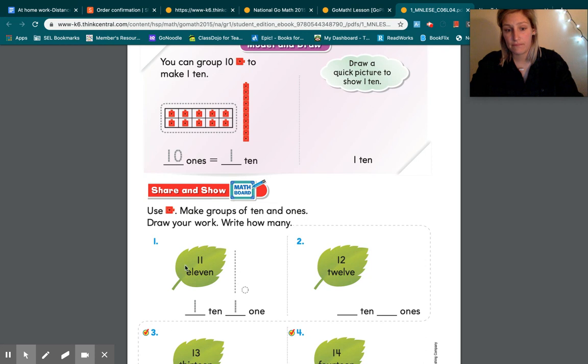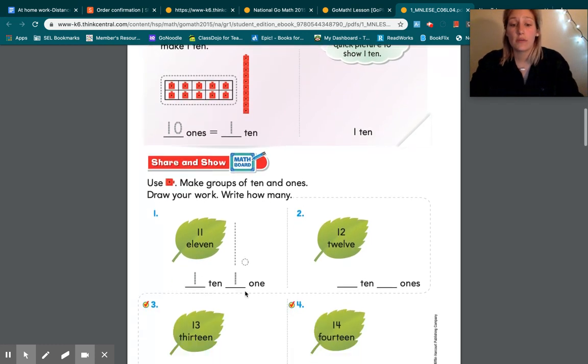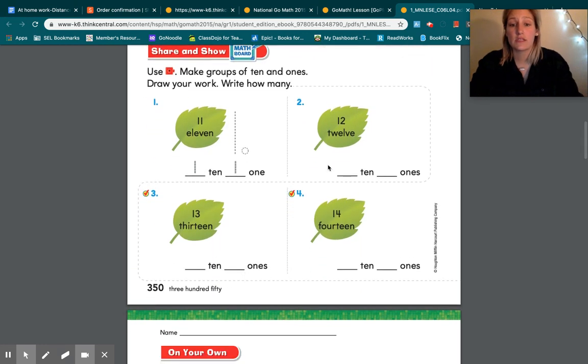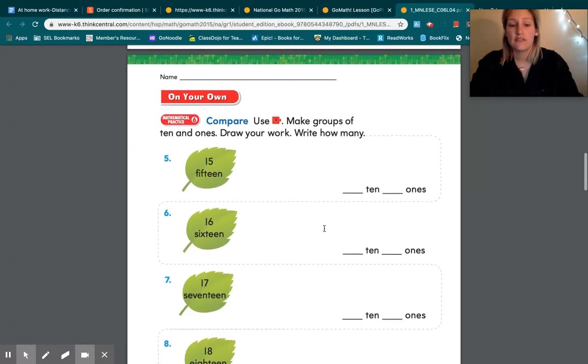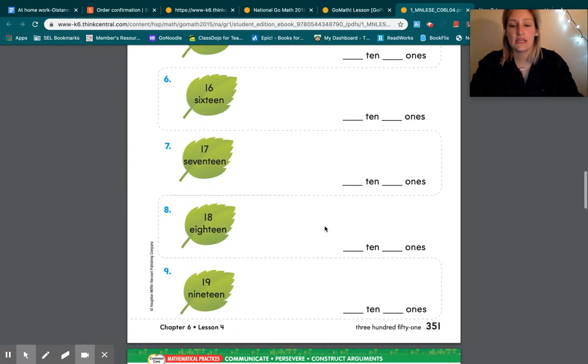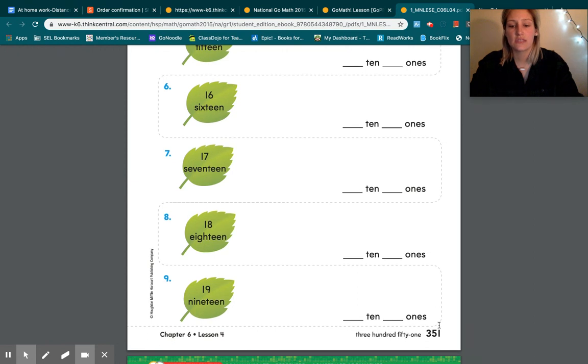So there's 1 10 and 1 1. So they drew one line and one circle. For 10, count on by 1, 11. They want you to draw quick pictures and figure out how many 10s and 1s there are for 12, 13, 14, 15, 16, 17, 18, and 19. And you guys will stop after you're done with page 351. All right?